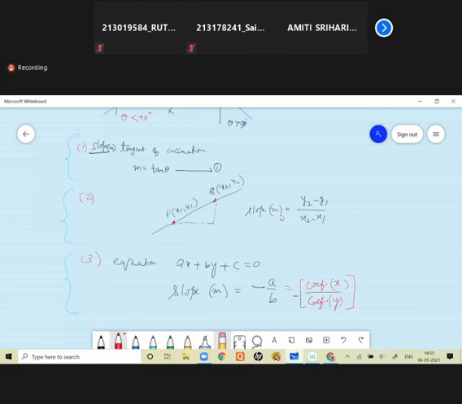Sir, in the third point, please repeat the last one in red color. Coefficient, that is.